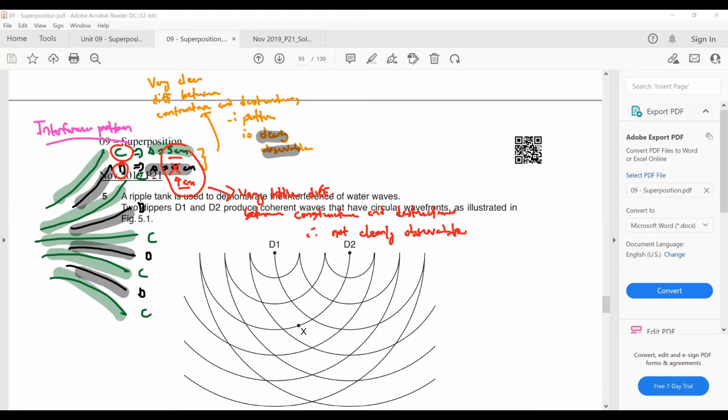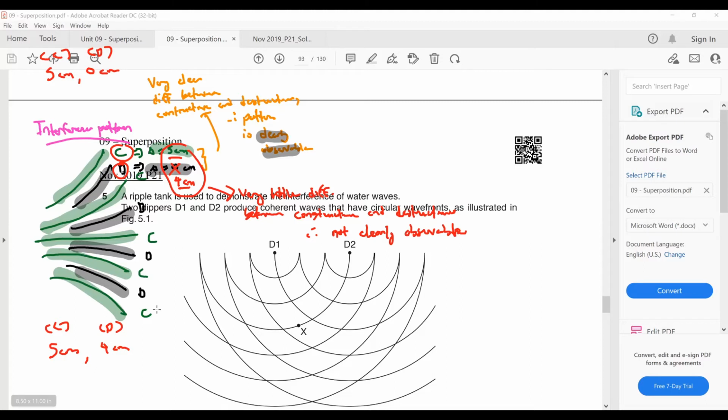Okay, because you see, if you compare 5 centimeter to 0 centimeter for constructive and destructive, this one you can see a very clear observable pattern. But you compare 5 centimeter versus 4 centimeter for constructive and destructive, this one is not clearly observable. You can't see the difference there.